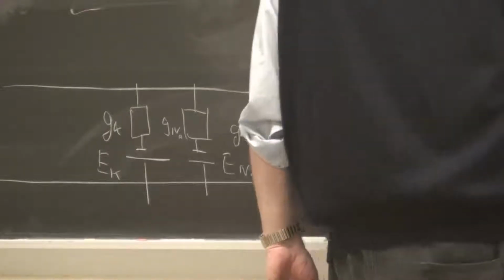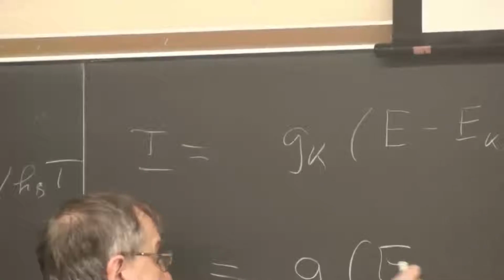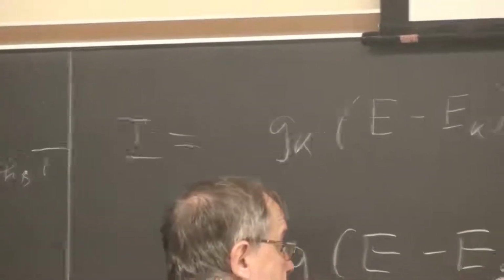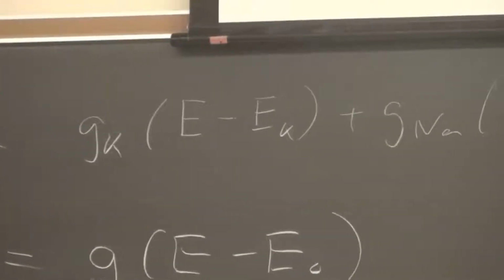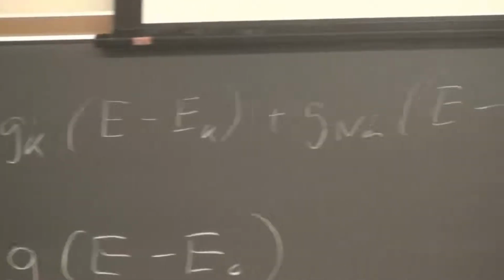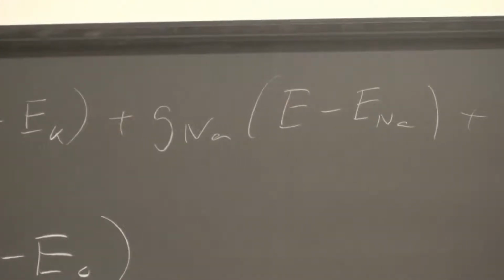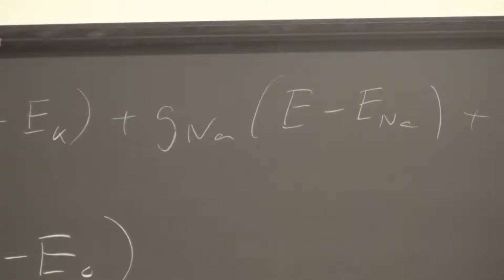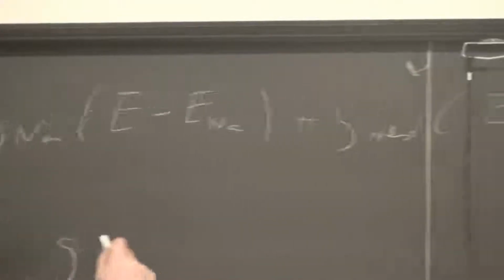We can write this current as G times E minus E0, as if we have only one kind of charge. Much simpler in your head. And we can quickly see what G is here.